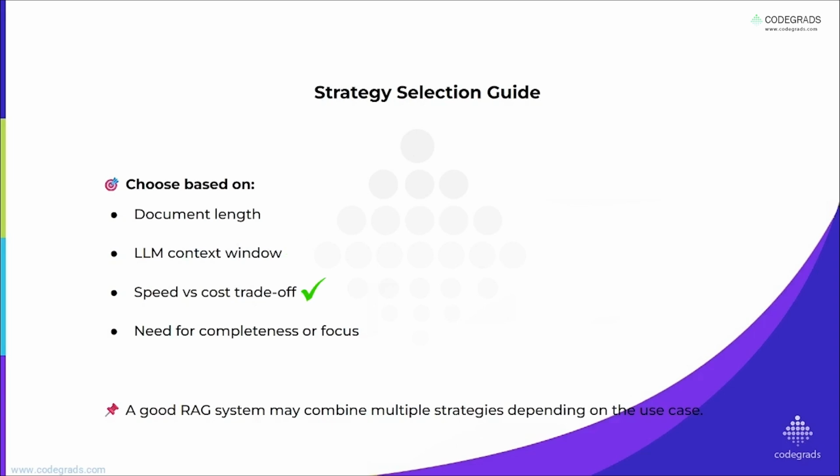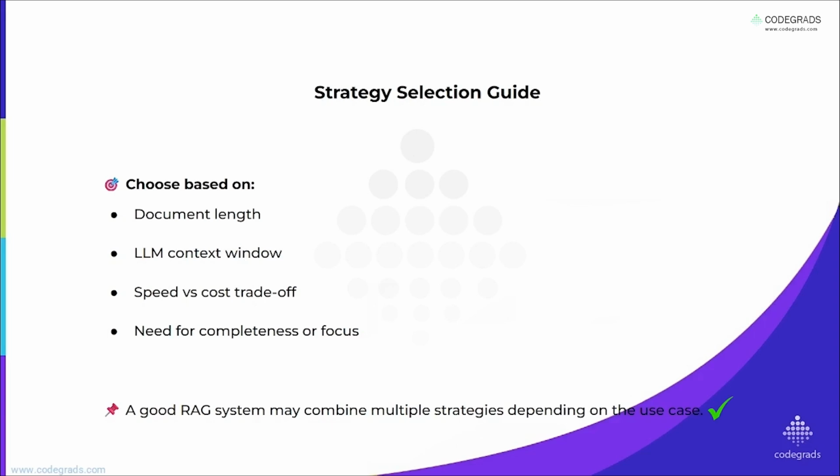Do we want speed for getting the summarization, or do we want lower cost? We need to compare what is better for our own use case. Then the last one is the need for completeness or focus: how good should the answer from the LLM or chatbot be?